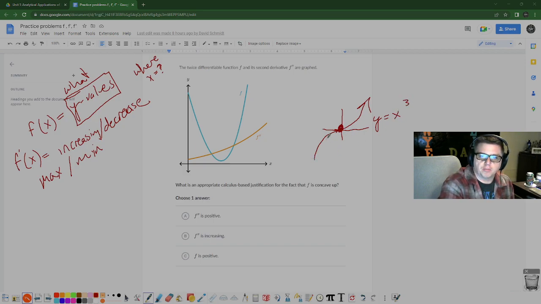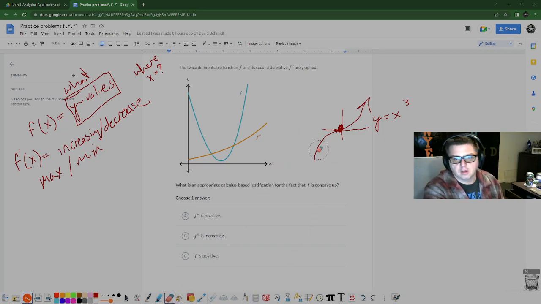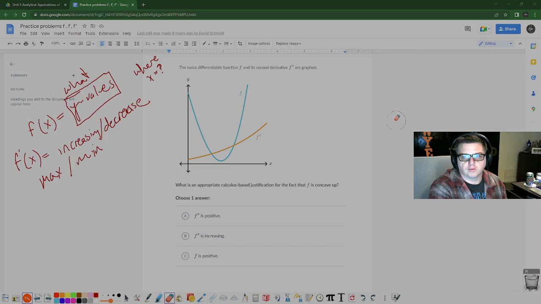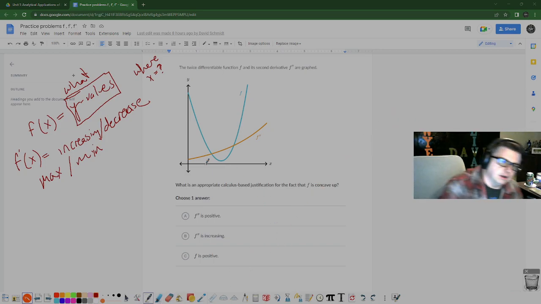It changes from concave down to concave up, and it's not a max or a min. It's just a point of inflection. So there can be zeros that you get here that aren't max or mins. They're just a critical point. And it's not until the second derivative that you can determine what kind of critical point it is.